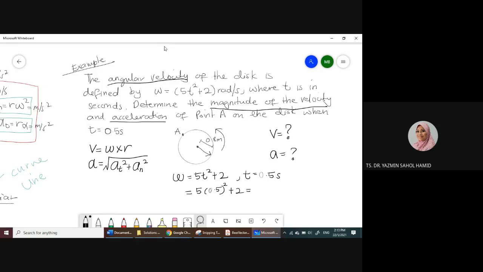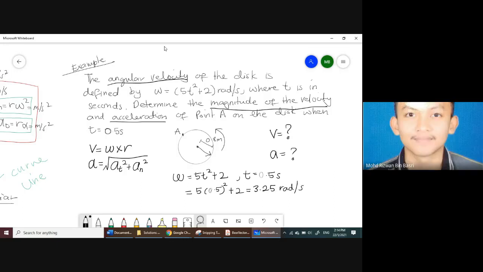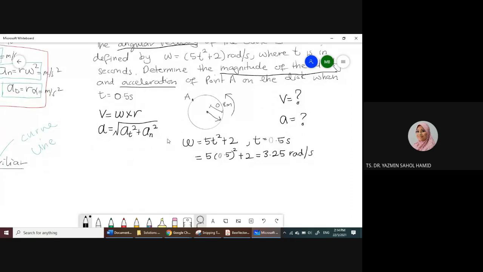Can you tell me what you get? 3.25. What is the unit? Radian per second. So we have omega.